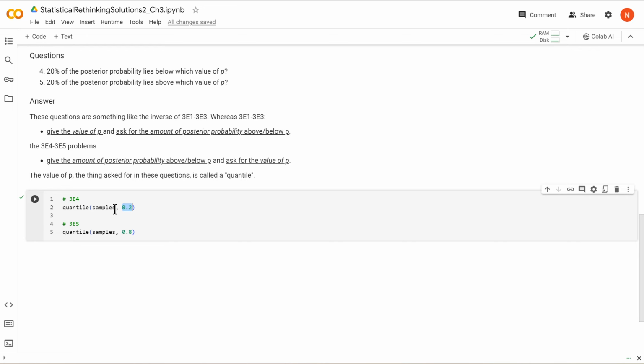It will give us from p-grid the value of p below which 20% of the samples lie, and then similarly for which 80% of the samples lie. Okay, so if we run this, we get values of 0.51 and 0.75.